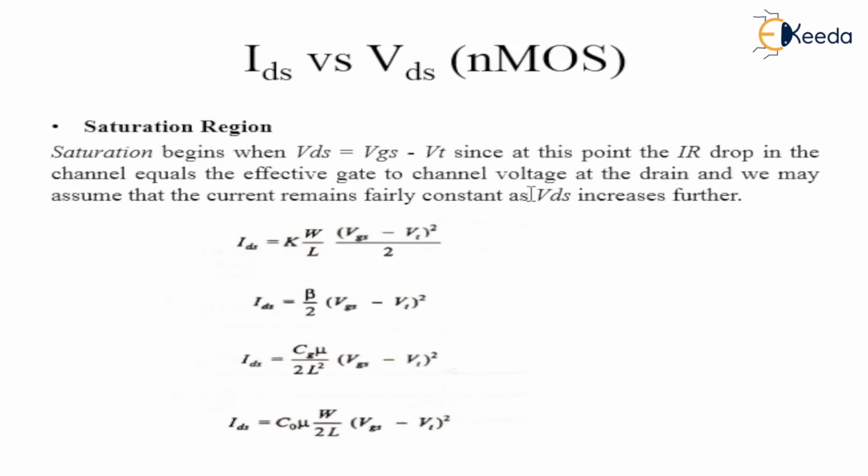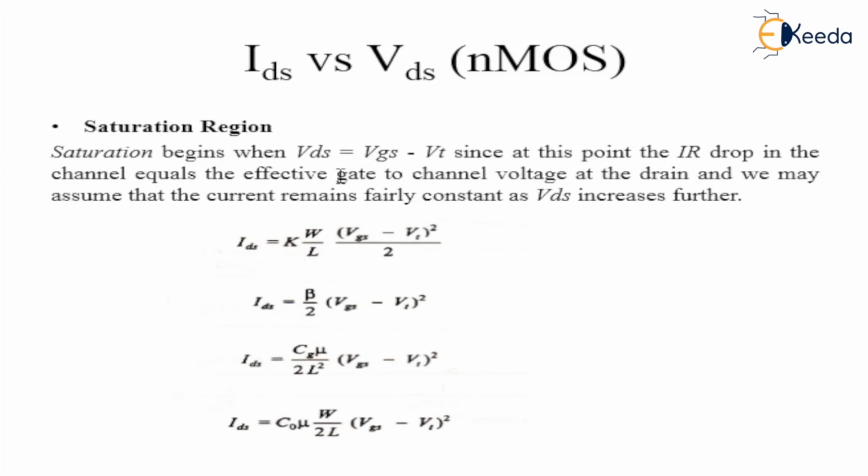effective gate to channel voltage at the drain, and we may assume that the current remains fairly constant as VDS is increasing. When you increase that VDS, the current remains constant. So that's the reason I am taking the initial value. VDS equal to VGS minus VT is also saturation, or VDS greater than VGS minus VT is also saturation.